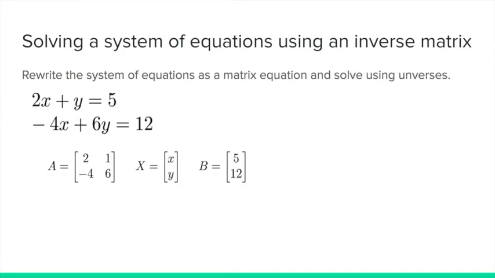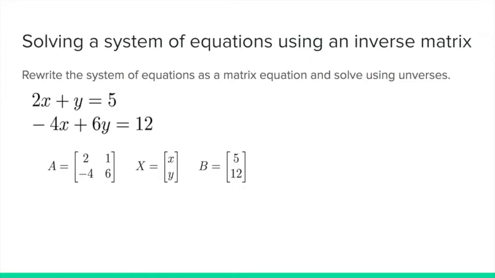I see a typo here, it says unverses, it's supposed to say inverses. The multiplicative inverse would allow us to take an equation like AX equals B and get rid of the A, turn it into just X equals some other matrix.